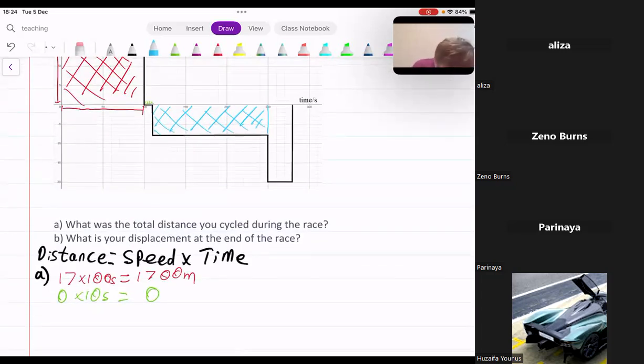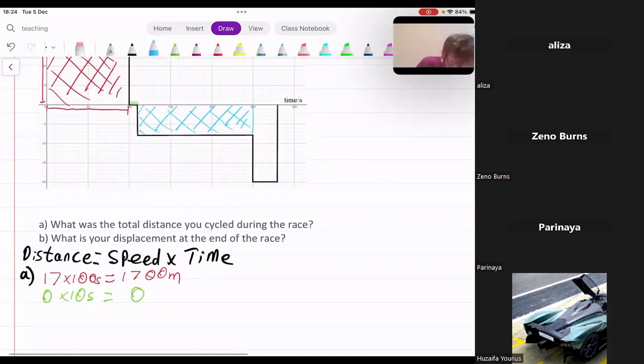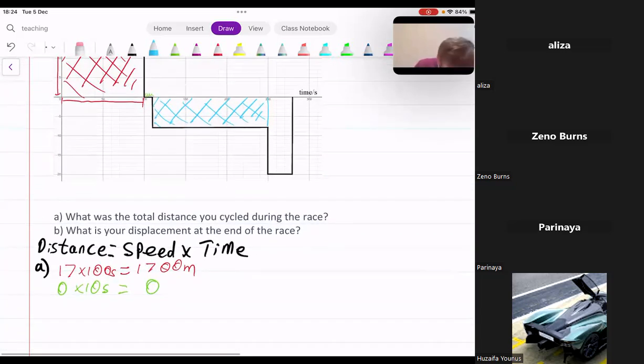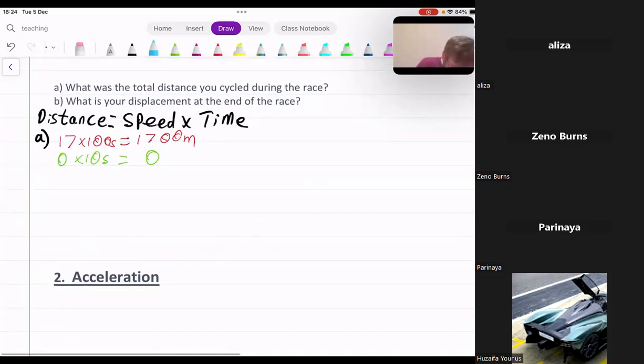And after distance, we just need the speed. So we're traveling at 7 meters per second. Oh no, 8 meters per second. So we have 8 meters per second times 140 seconds, and that gets us 1,120 meters.